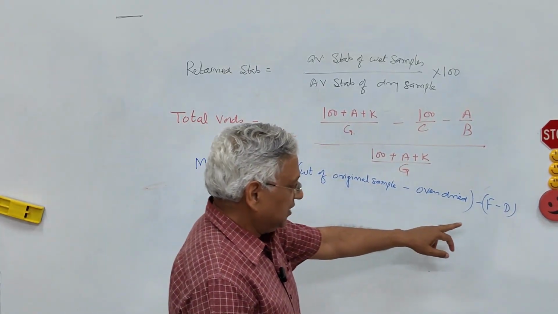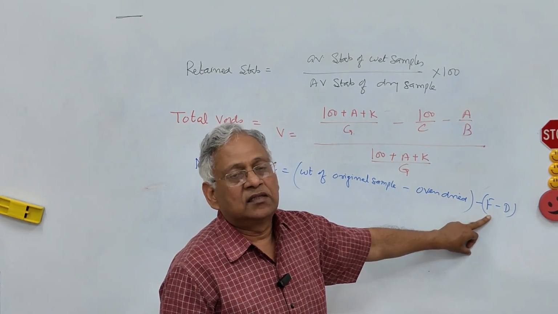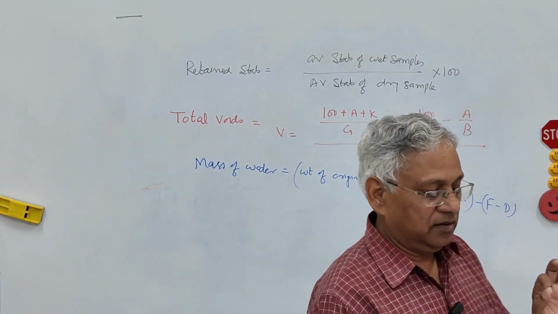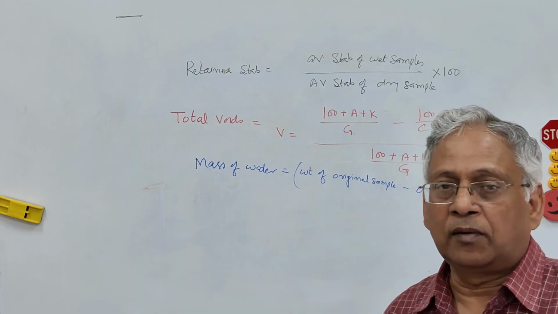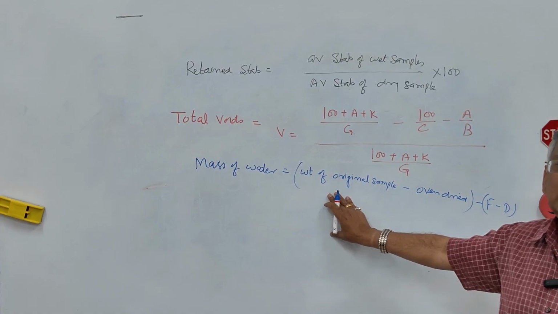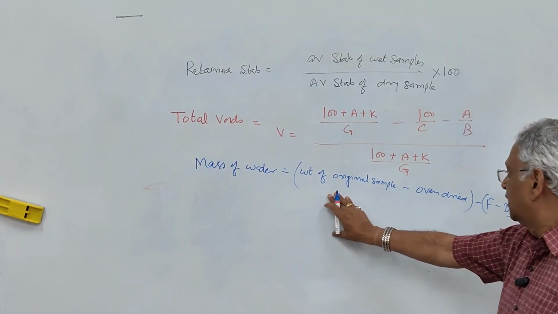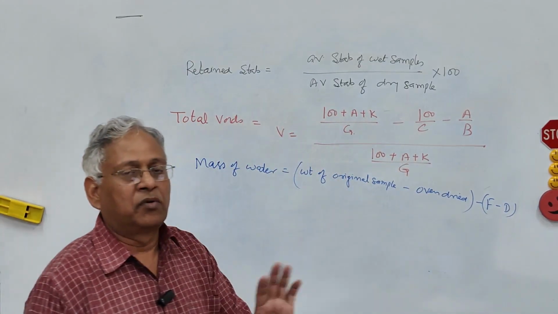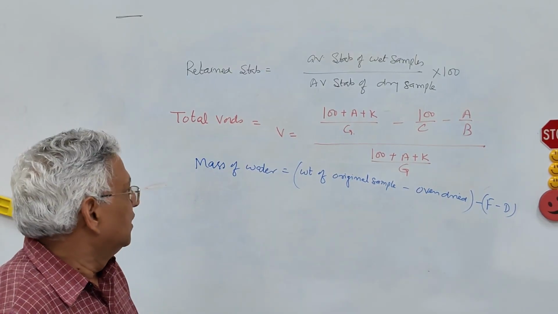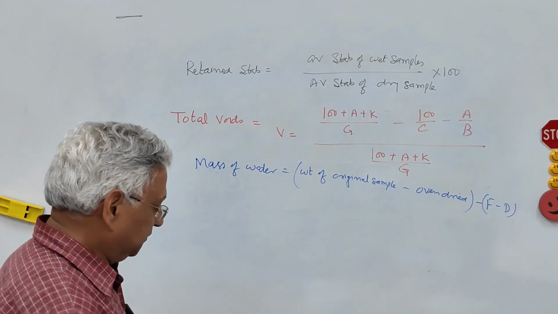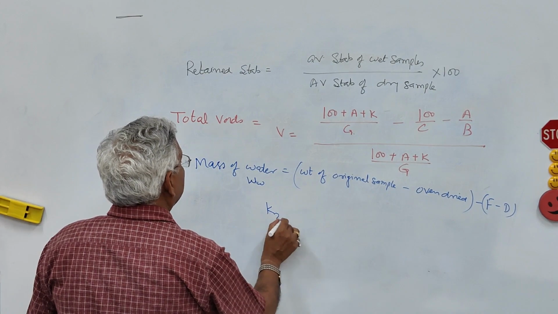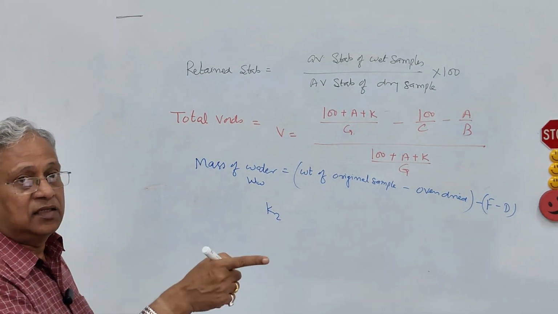Now this F is the weight of the saturated surface dry specimen in air, and D is the weight of the sample which was extruded from the Marshall mold. This weight of original sample is after testing of the sample for stability, and this is the oven dried weight, which you have broken into pieces and kept in the oven for 1 day at 93 degrees centigrade. So you calculate the mass of water by this equation, and then let us say this is W. Let me call it K2 just to avoid confusion from the earlier equation.